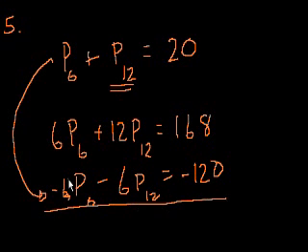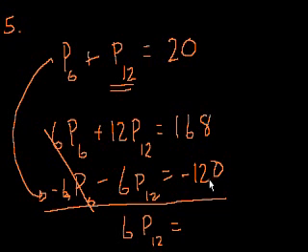Now we can add the 2 equations. These cancel out. That was the whole point. 12 times the 12 packs minus 6 times the 12 packs is equal to 6 times the 12 packs. It's equal to 168 minus 120, which is 48.